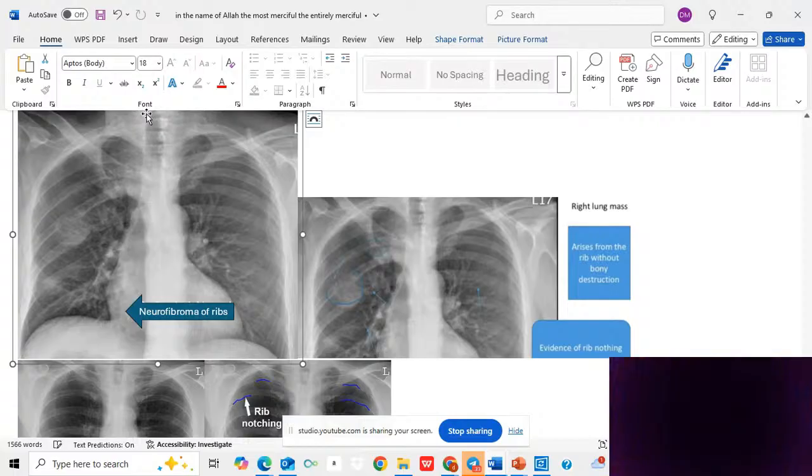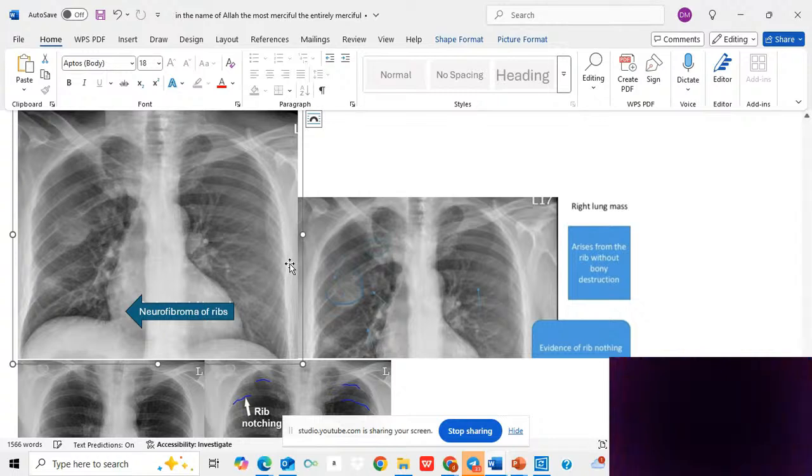So this is the first rib, the second rib, the third rib, fourth, sixth, seventh rib. So the second opacity, superior aspect, is seen arising from the right seventh rib with well-defined inferior margin.